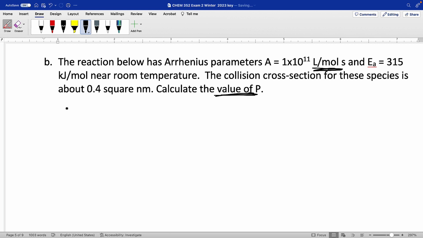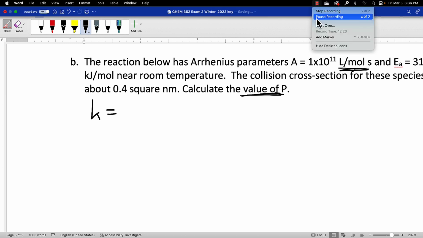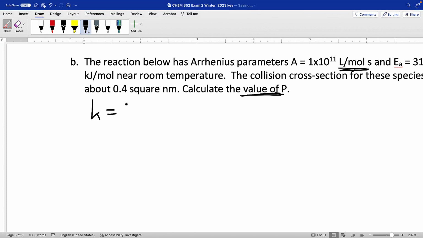So we can say that k from collision theory is going to be a function of a bunch of different variables. Let's just go ahead and write out the expression. So we've got our steric factor P, Avogadro's number, we've got collision cross sections. Okay, and it's two different species, so we'll put IJ.